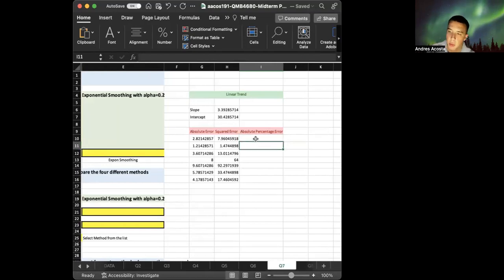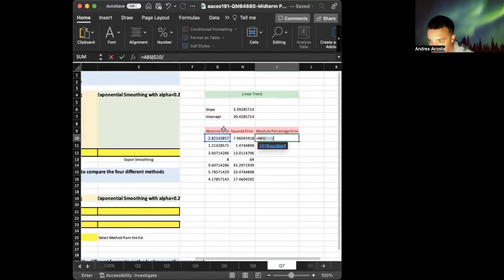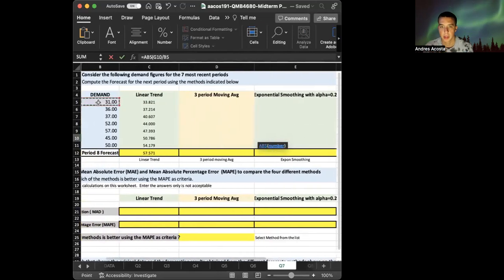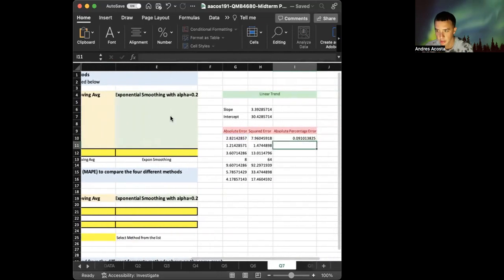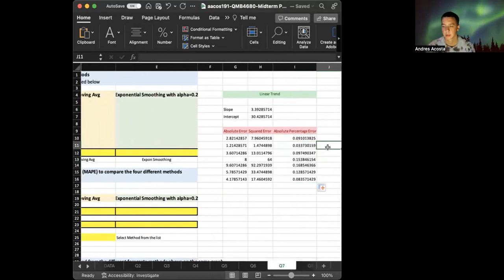Now to find our absolute percentage error, once again we use the ABS function, click tab, and select our absolute error, 2.82. Since we have it in order, we divide that by our demand, which is 31, and click enter. We scroll down the cross, and there you go.